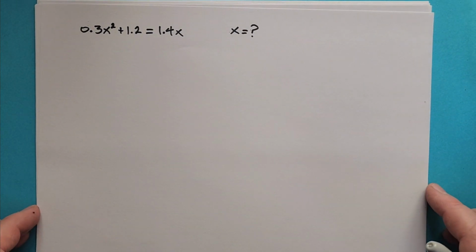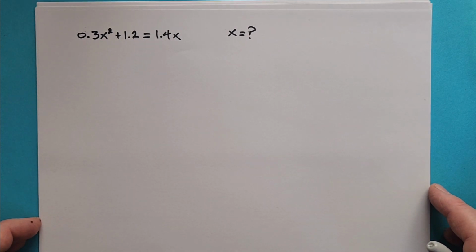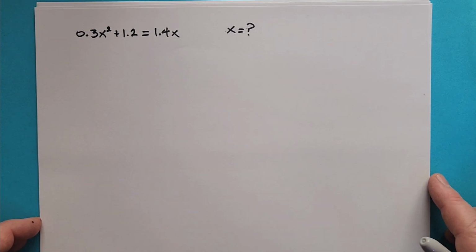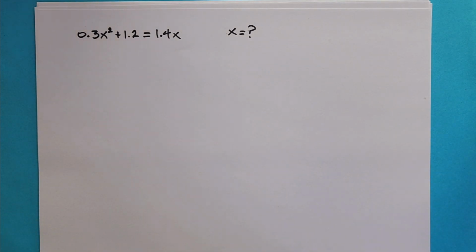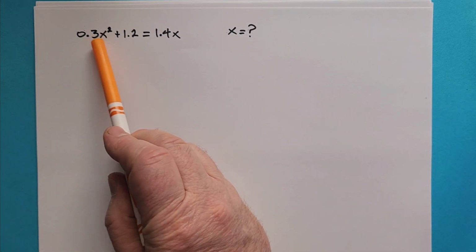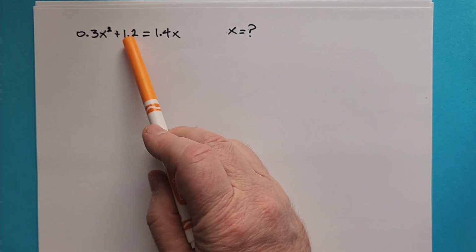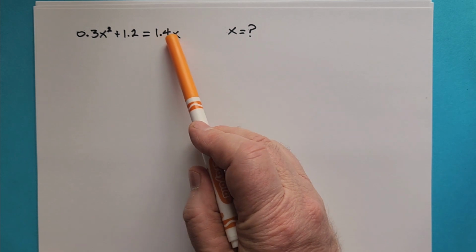So kind of like the last example that we just did, we're going to go ahead and clear out the decimals. And the algorithm for that is to multiply by a power of 10, like 10 or 100 or 1,000. It depends on how many positions you need to move the decimal point to get whole numbers. So if you look at this example, I only would need to move the decimal point one position to get the whole number 3, one position here to get 12, and one position here to get 14.